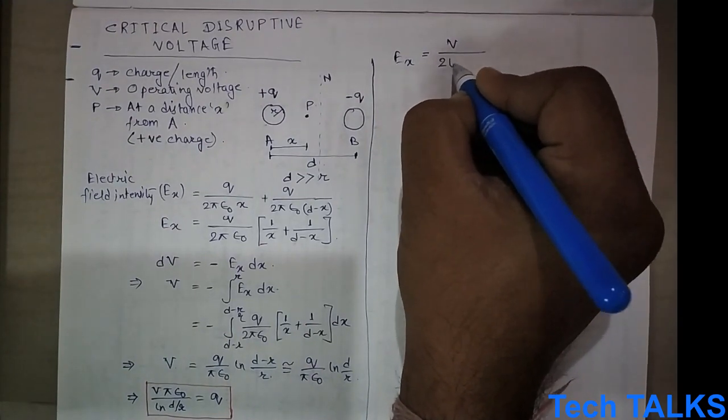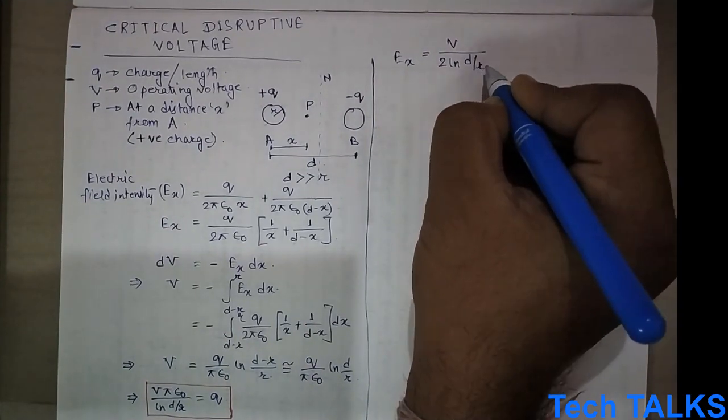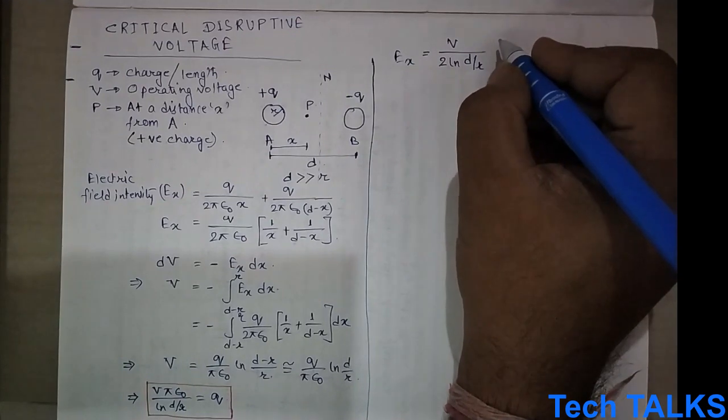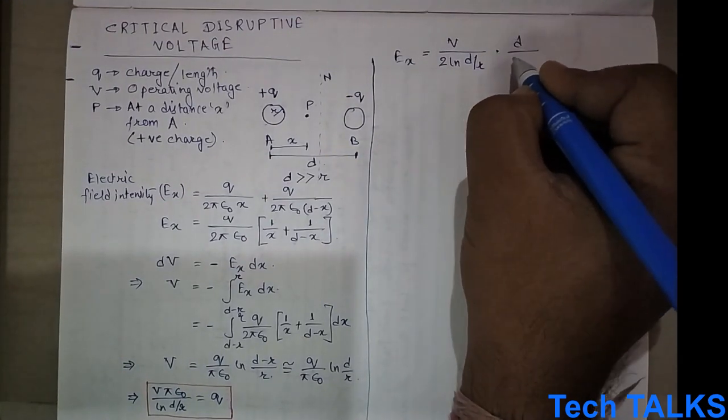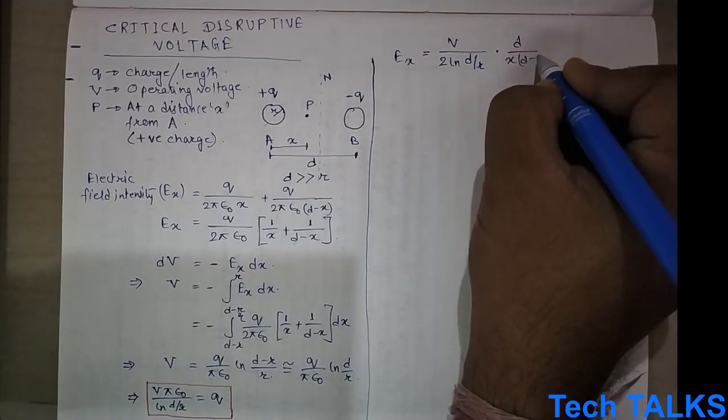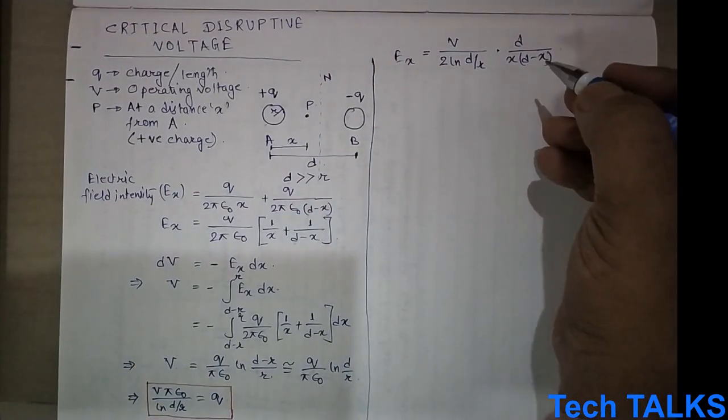So this is the electric field intensity between two conductors at any point. Okay, so this is for a single phase system.